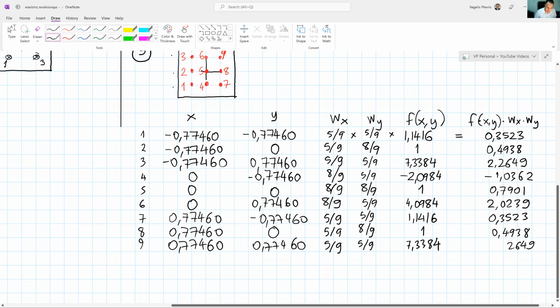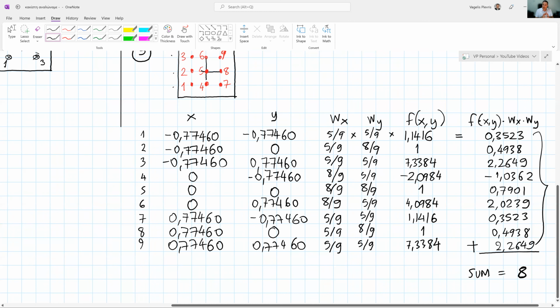So this is now what we will do. And after you do this, then last, you need to add all these values together, a big plus here. And if you do it, you get the sum, which is exactly 8.